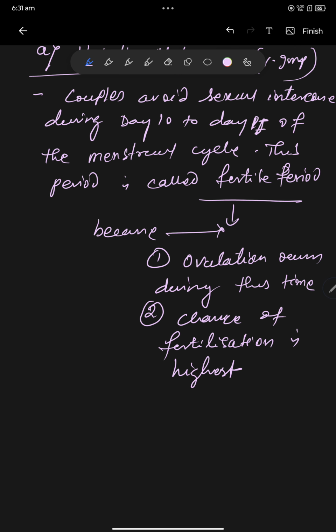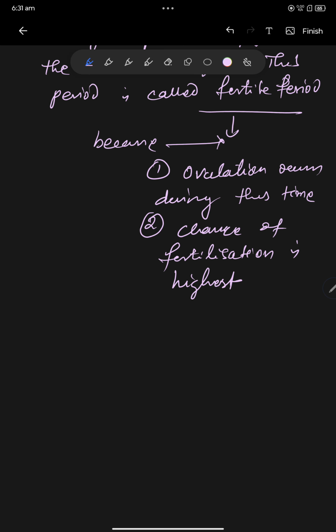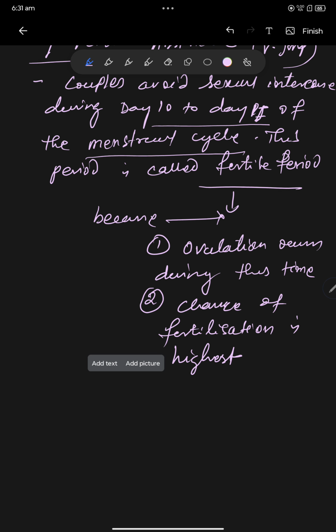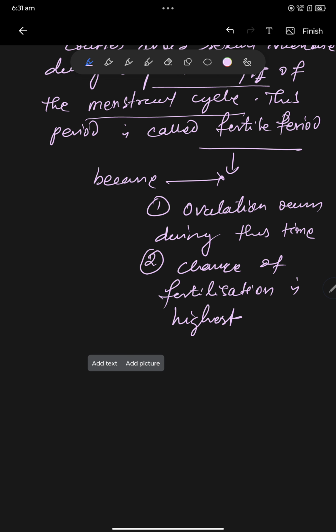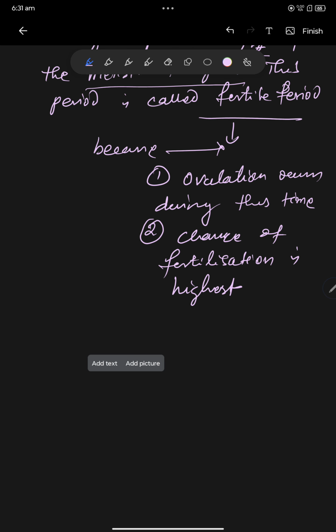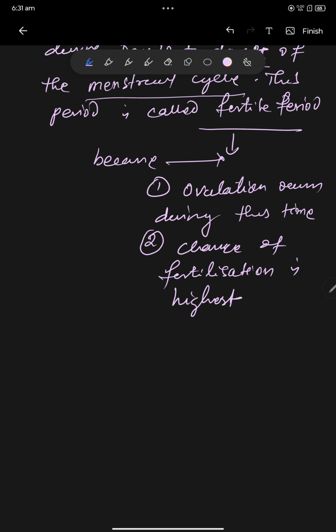I think it is clear to you. The fertile period is the 10th to 17th day of the menstrual cycle. During this period, coitus is avoided by the couples so that conception is prevented. This is the first one.